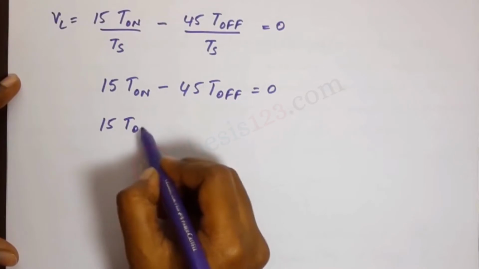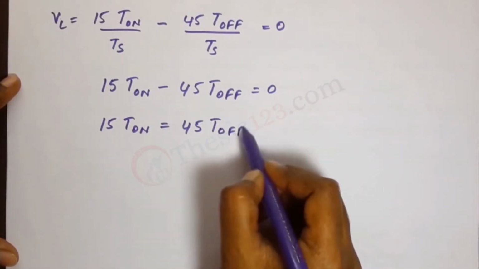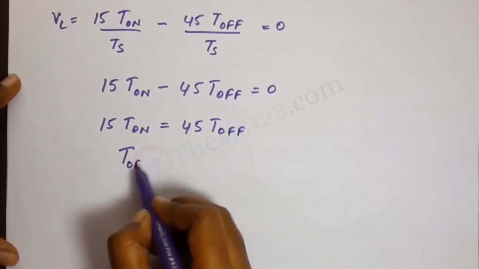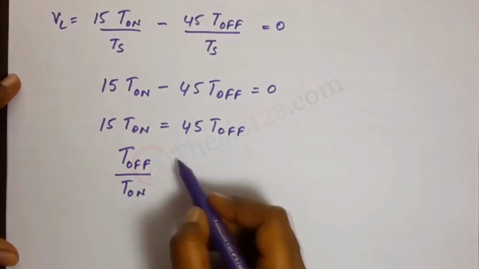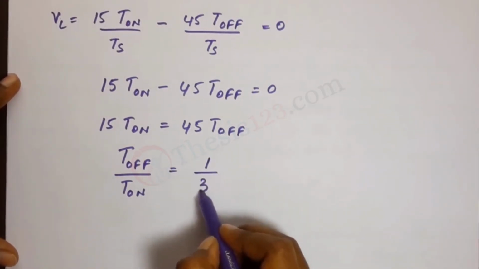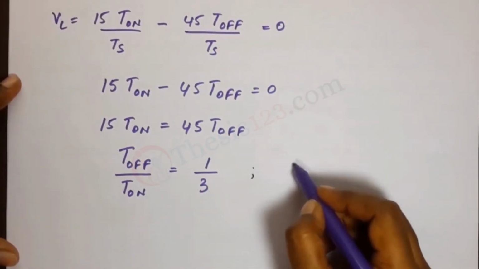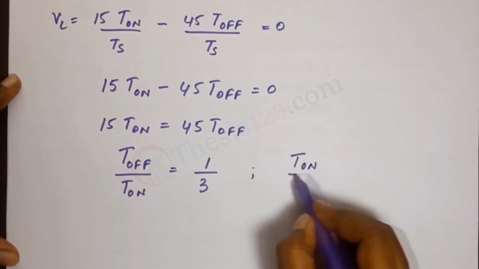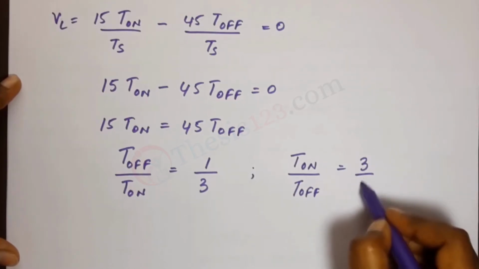Further, 15 T on is equal to 45 T off. And the ratio of T off by T on is 1 by 3. That's 15 by 45, 1 by 3. Or either way, you can write the ratio T on by T off as 3 by 1.